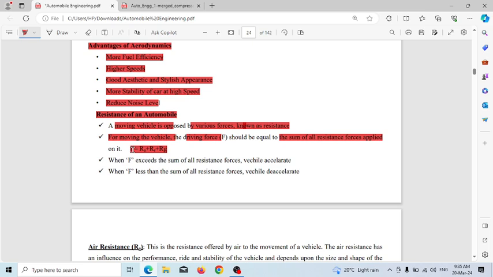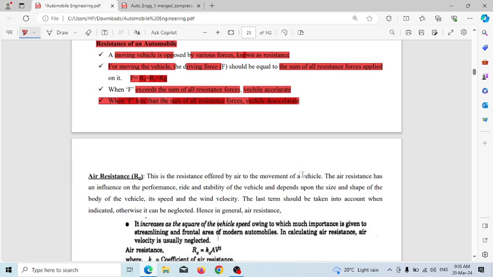These resistances are RR, RA and RG. When F exceeds the sum of all the resistance, the vehicle accelerates, and when F is less than the sum of all the resistance, the vehicle decelerates.